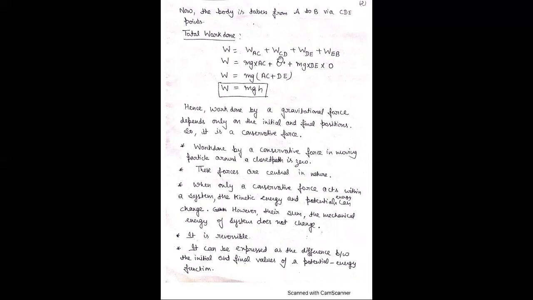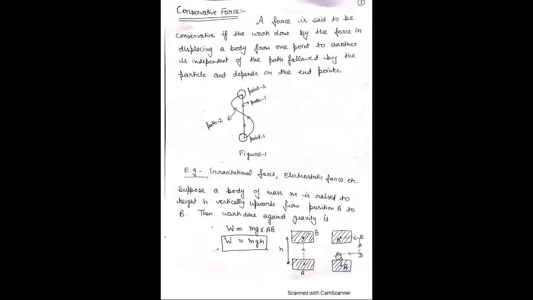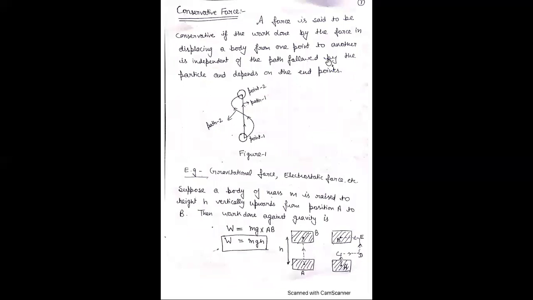For CD, there is no displacement, therefore the work done is 0. Plus W_DE is mg into DE, and similarly for EB, there is no change in position, therefore W_EB is 0.